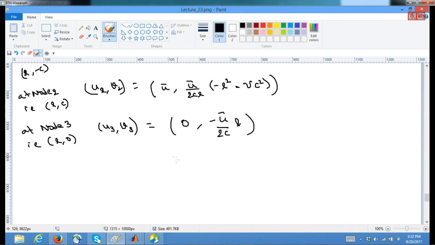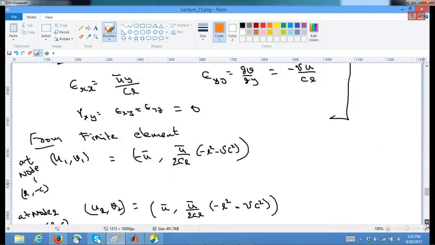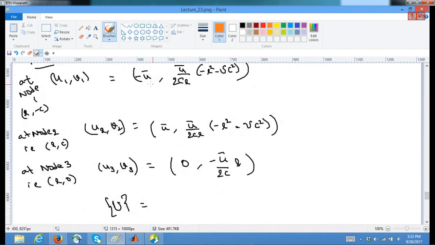Now we know that my U matrix is nothing but D1, D2, D3, D4, D5, D6. My U matrix is nothing but D1, D2, and so on to D6.